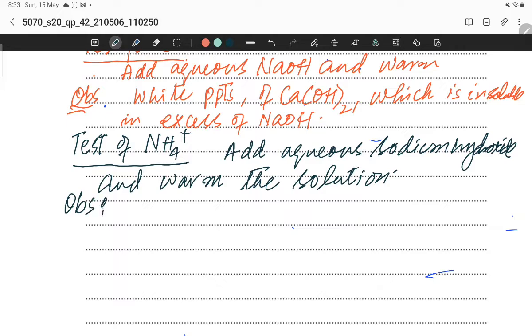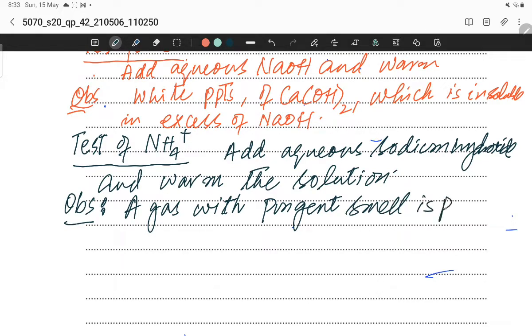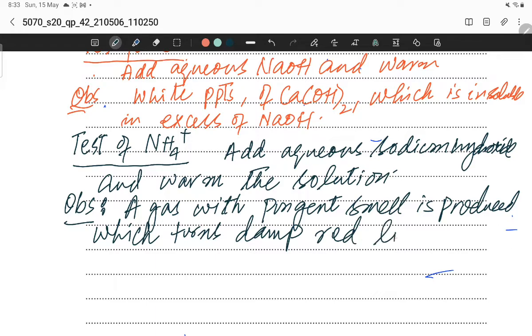Observation: a gas with a pungent smell is produced, which turns damp red litmus paper blue.